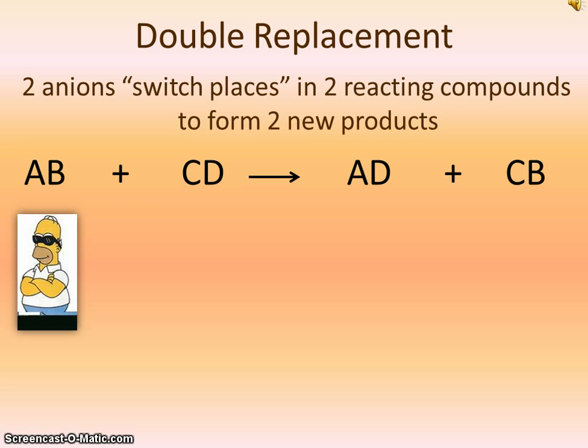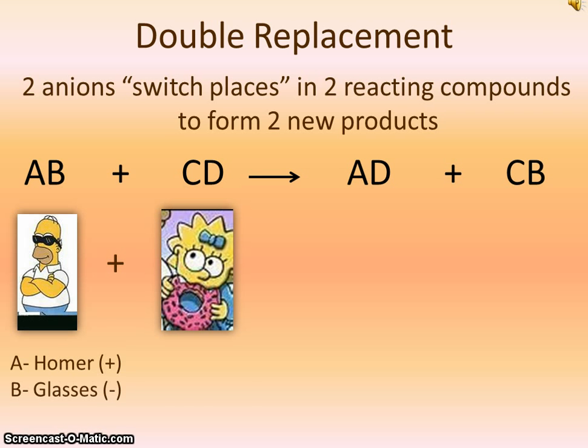A simplified version of this would be Homer wearing sunglasses representing compound 1. Homer would represent the cation, and the glasses would represent the anion. The other compound would be represented by Maggie and a donut. Maggie would represent our cation, and the donut would represent our anion.